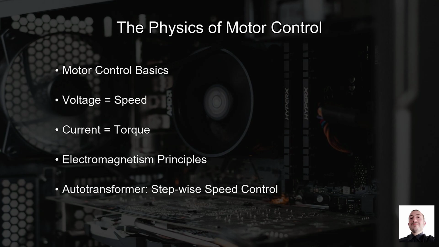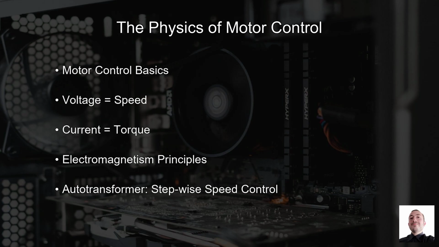This interaction is governed by the principles of electromagnetism. The speed and torque of the motor are directly influenced by the voltage and current supplied. Higher voltage increases speed, while higher current increases torque. It's important to note that the efficiency of this process depends on the motor's design and the quality of the control system.